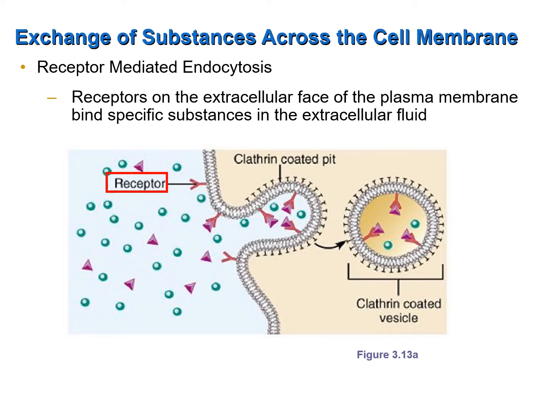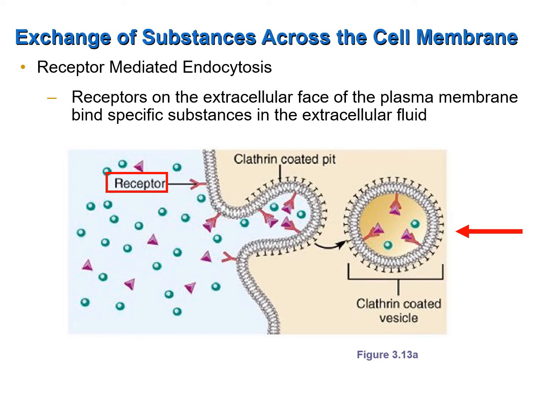As the plasma membrane invaginates, a vesicle is formed that contains extracellular fluid, various substances that were dissolved in the extracellular fluid, but also a large number of substances that specifically interacted with the receptor. So we have a vesicle that has a large number of whatever substance was specifically targeted by the receptor.